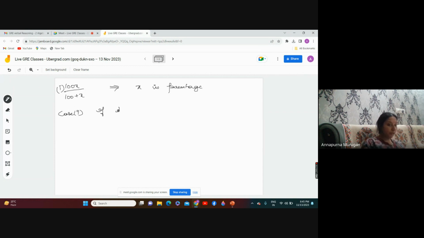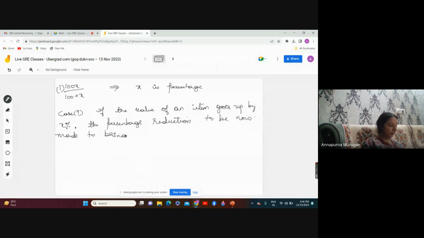Look at the situation: if the value of an item goes up by x%, the percentage reduction to be now made to bring it back to the original value is 100 times x by 100 plus x.